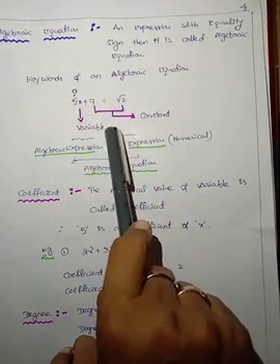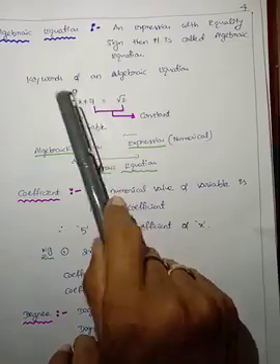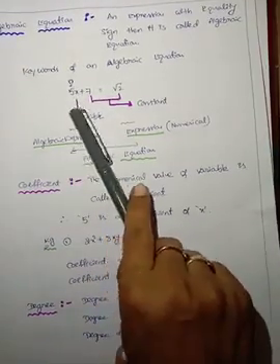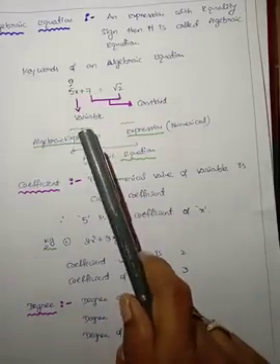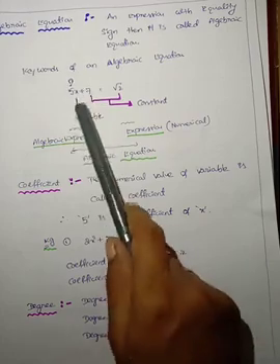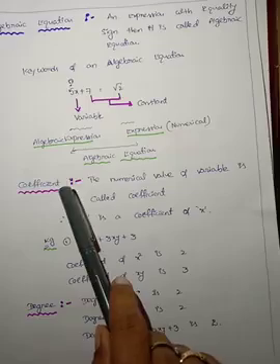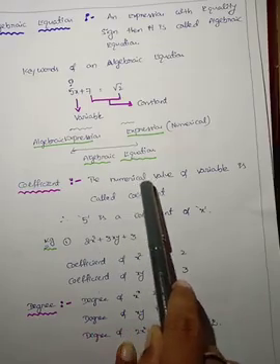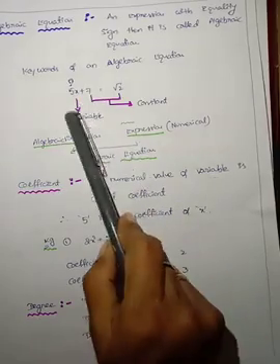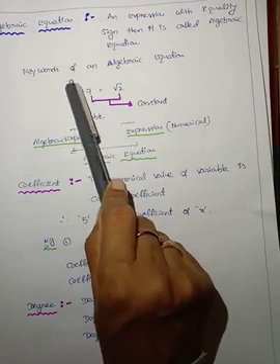What about this 5? This 5 we call the coefficient of x. What is the definition of coefficient?